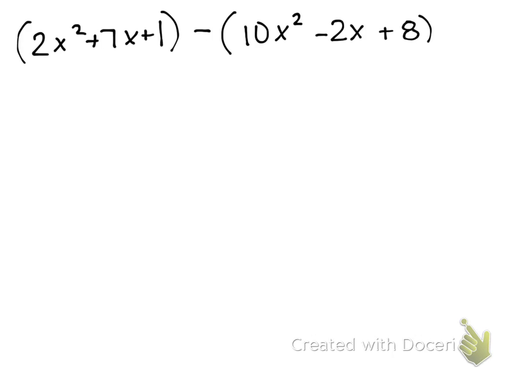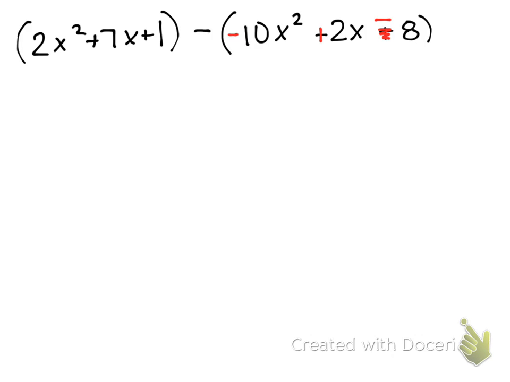So what does that mean that I do? Opposite of what? Change the signs of the numbers behind the subtraction sign. Very good. So then the 10 becomes negative, the negative 2 becomes positive, and the positive 8 becomes negative.